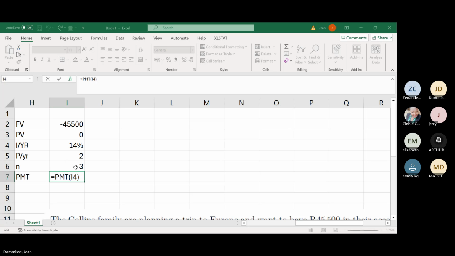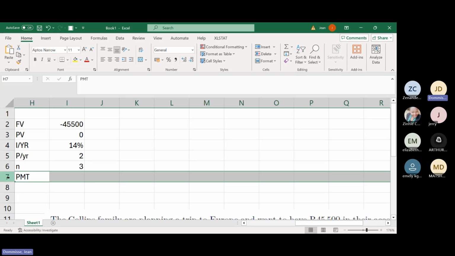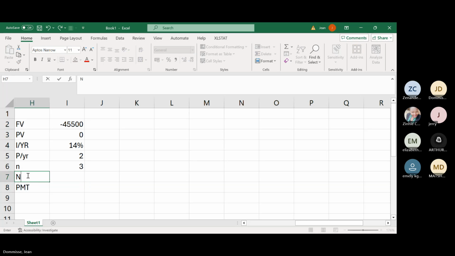Let's put in the 2 times 3. As we said in the slide, we've worked out the periods.